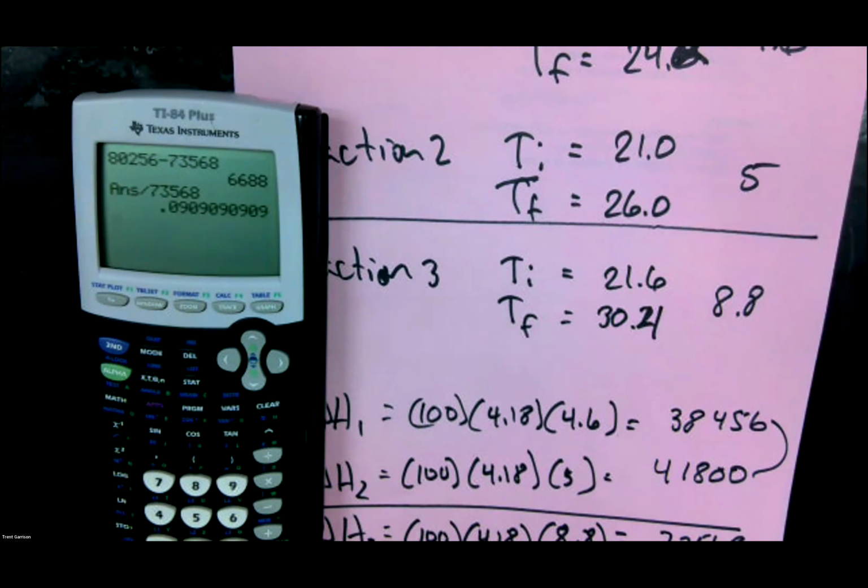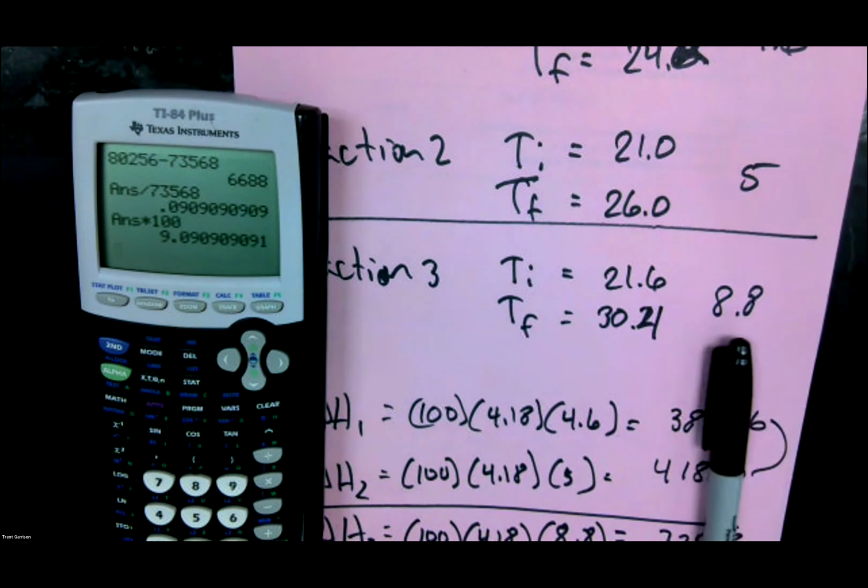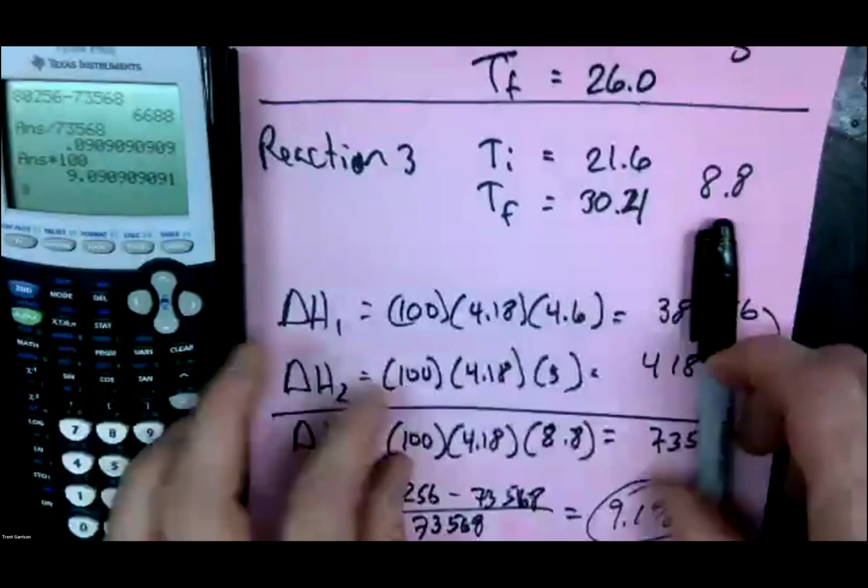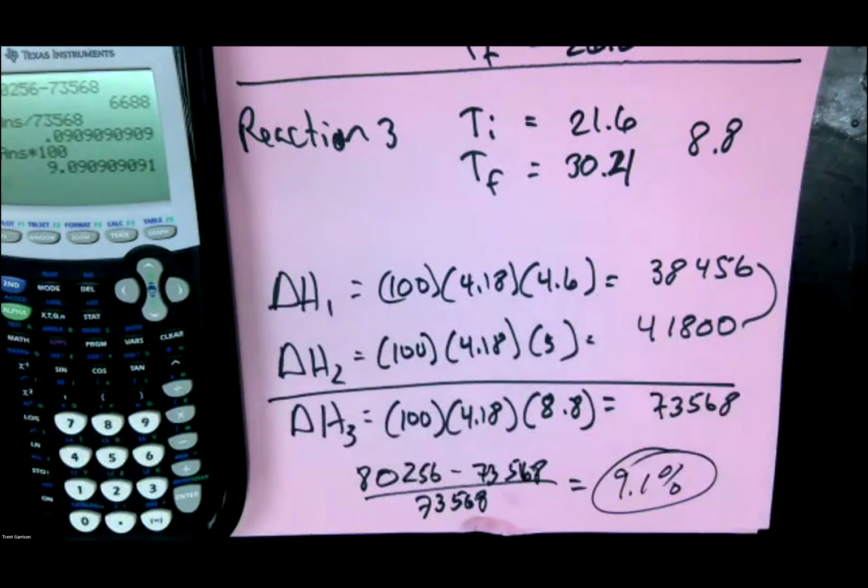And what we get is a very respectable 9% error. 9.1% error. That's not bad for a little simple lab that we just performed here. Oh, you can't see all my math work down there. Sorry, there's my math work for the last portions of it. That's my percent error calculation.